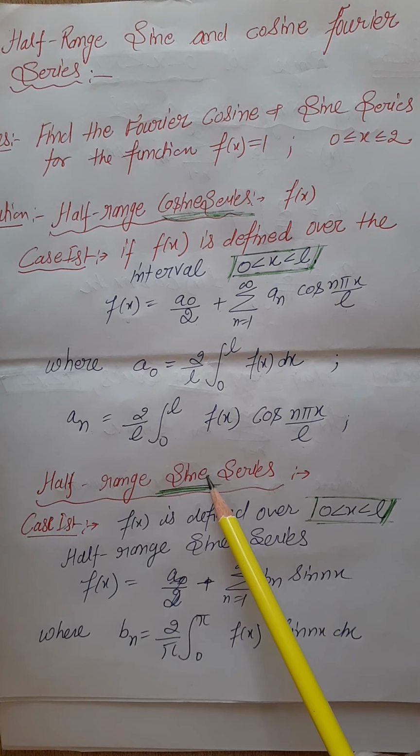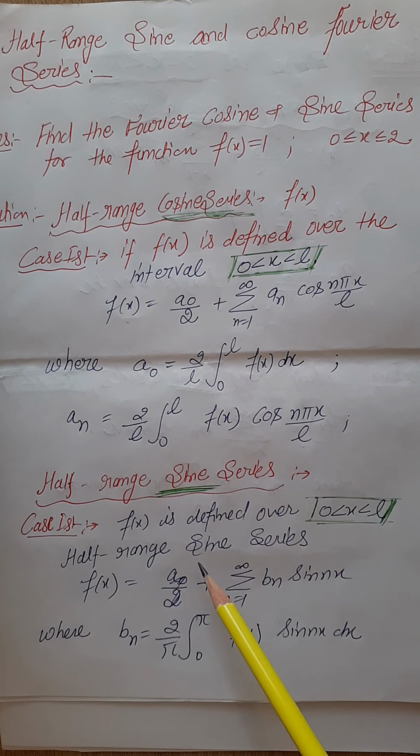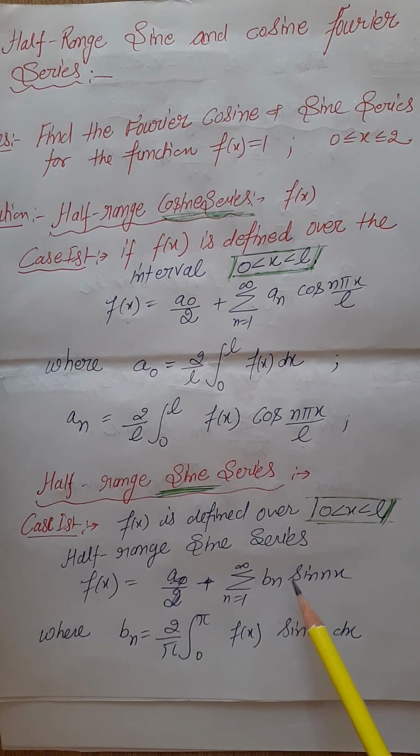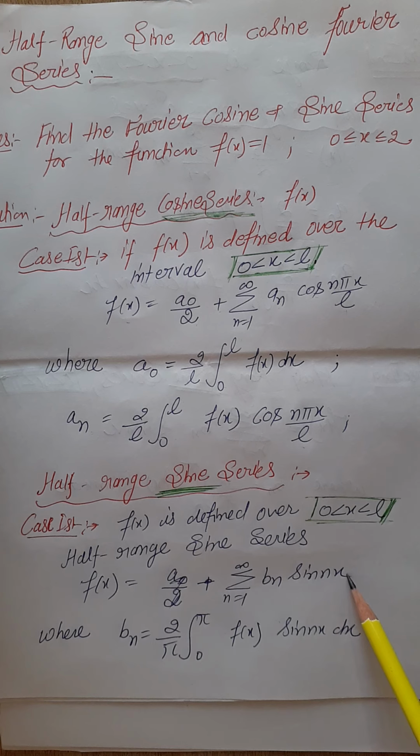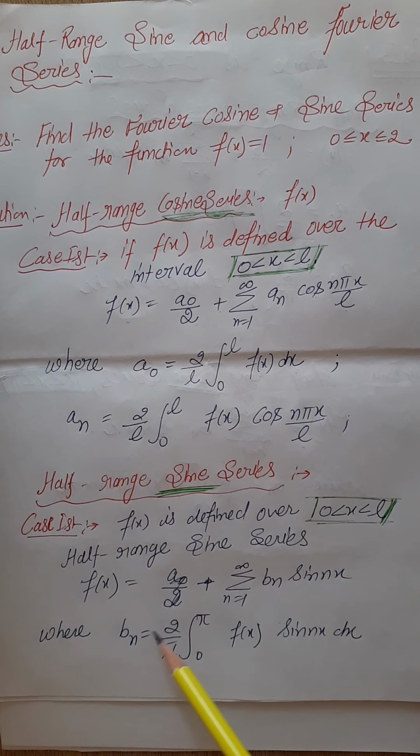And if we take our sine series, then we write here fx is equal to summation bn sin n pi x upon L, and the value of bn is this.